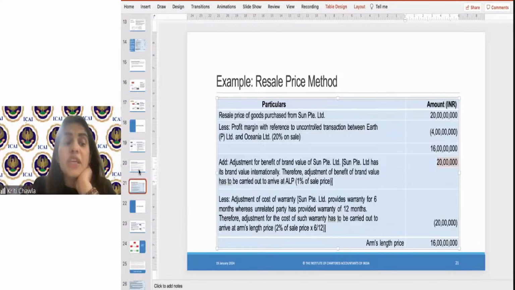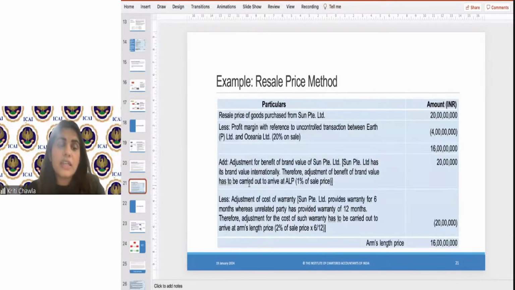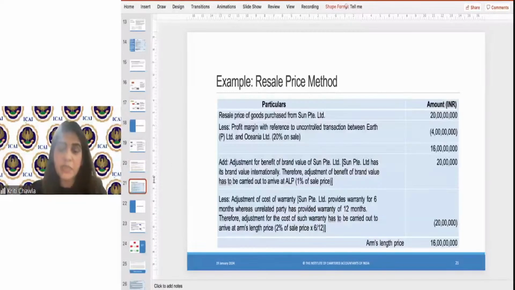Now we'll also have to make an adjustment for this warranty. The warranty which was provided to Sun, but it was not provided otherwise. So less the adjustment for warranty. How much is the warranty adjustment? Well, it says 2% of sale price, which is 2% of the sale price, which is 20 crores.